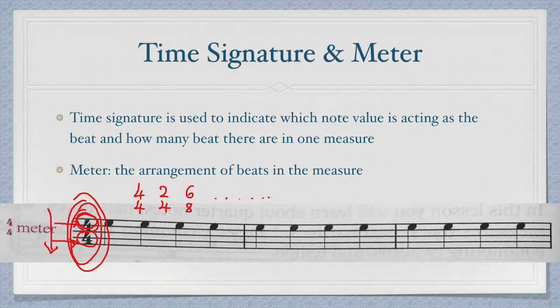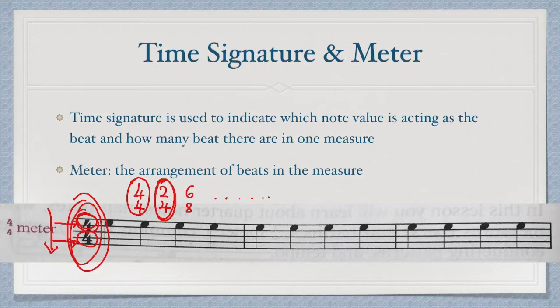If the time signature is 4/4, we know that the bottom number means the quarter note serves as the beat, and the top number means there are 4 beats in total in each measure. So this time signature means each measure contains 4 quarter notes. And if it's 2/4, it means there are 2 beats in total in each measure, so each measure contains 2 quarter notes.